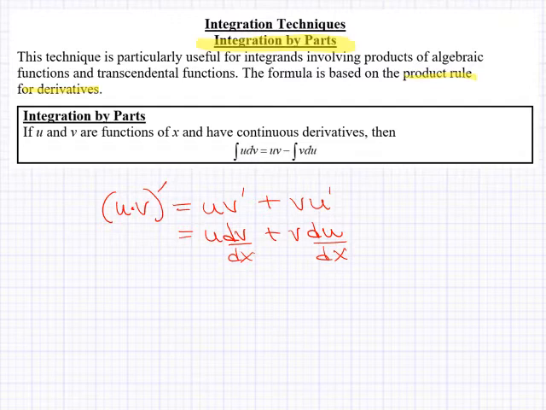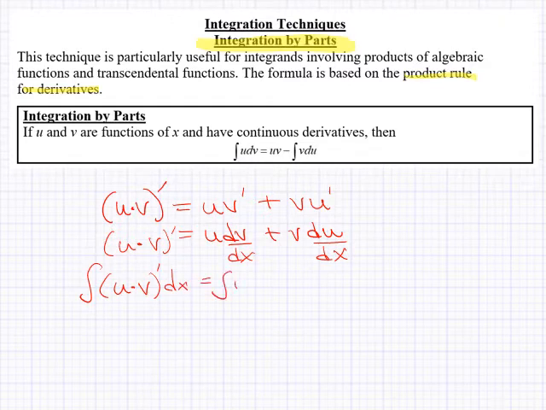All right, so then what I want to do is I want to integrate both sides of this equation. So I have this, and I want to integrate both sides of this equation. So what I'm going to do is I'm going to multiply the dx through to the other side. So I'm going to do the integral of the derivative of u times v with respect to x.